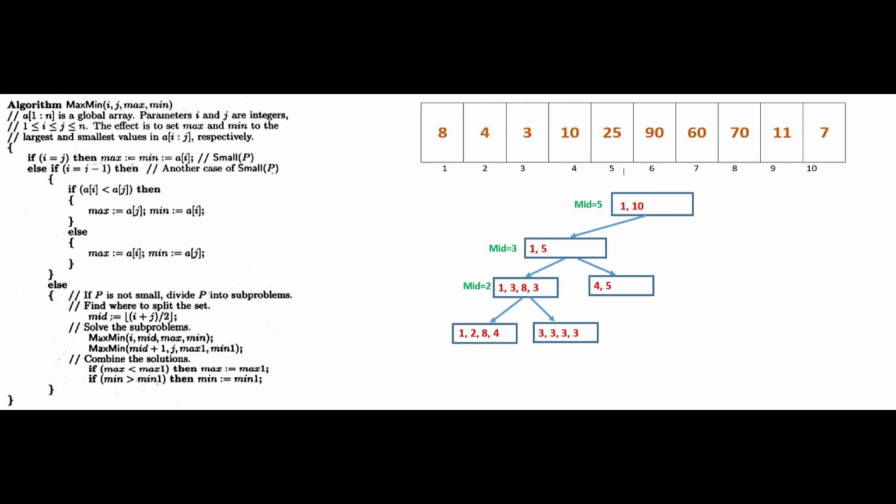Now we are in the algorithm with i equal to 4, j equal to 5, at the beginning of the algorithm, in the node with i equal to 4, j equal to 5. That is one of the smallest cases, i is equal to j minus 1.